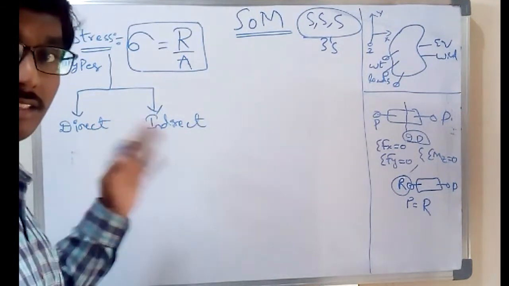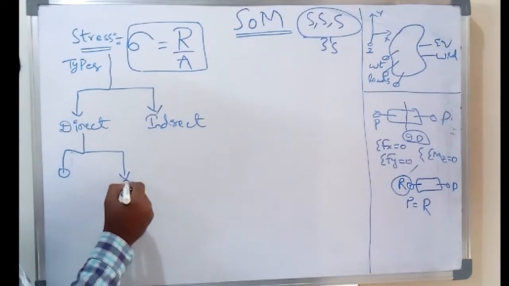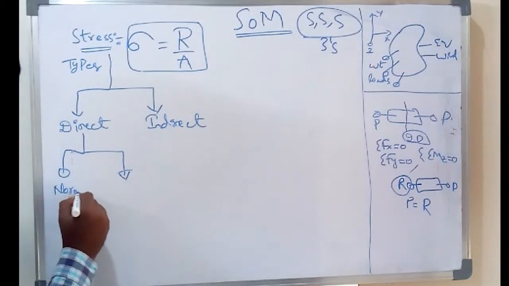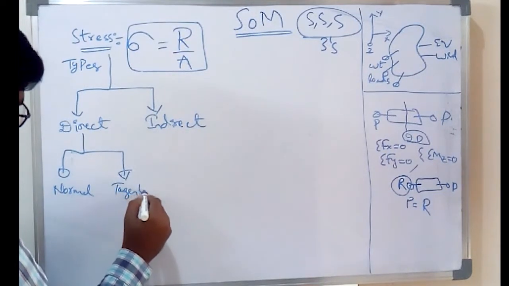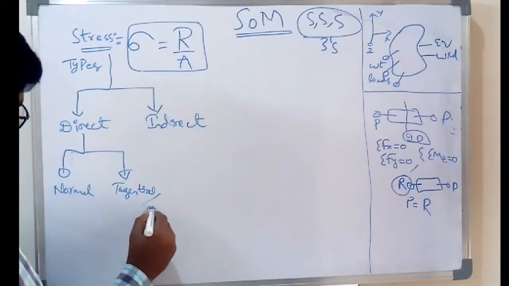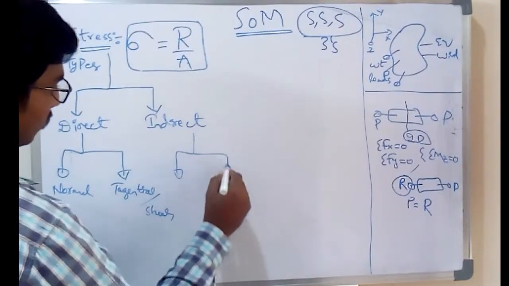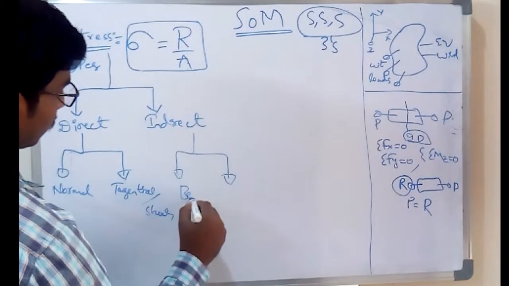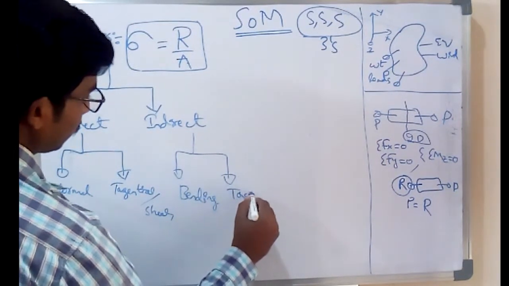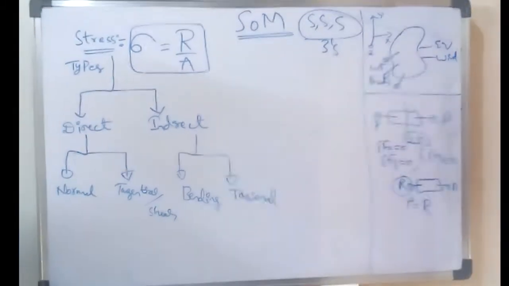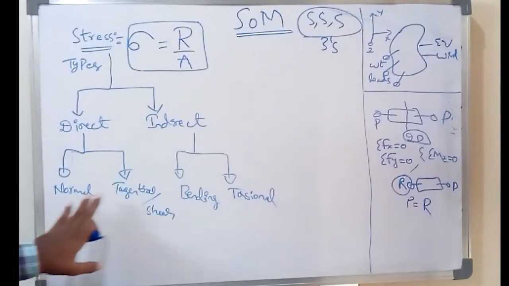In direct stresses, again there are two types: normal stresses and tangential or shear stresses. In indirect stresses, there are again two types: bending stress and torsional stresses. You can see here the types of stresses: direct and indirect, normal, tangential, bending, and torsional.